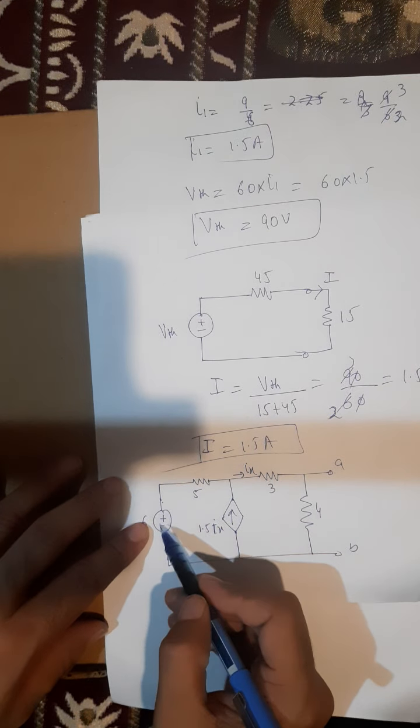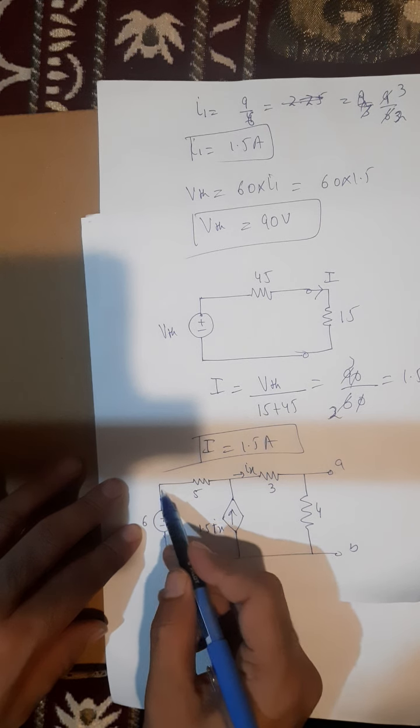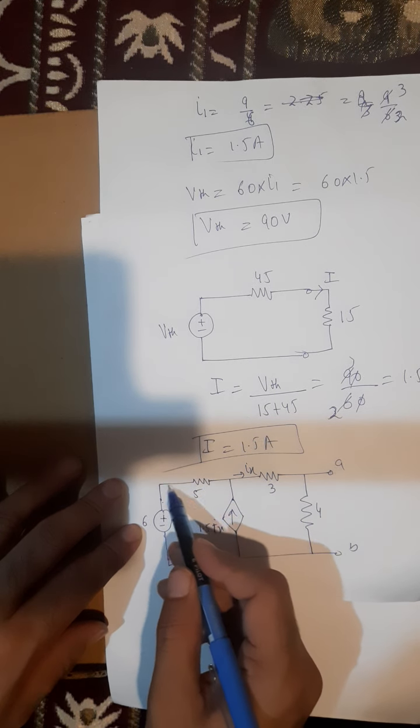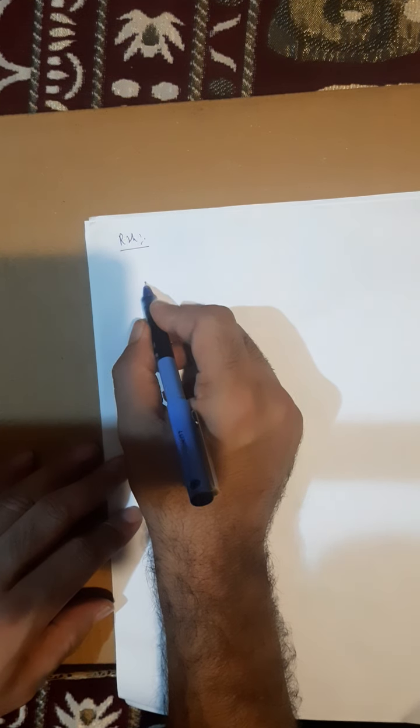If I turn off this independent voltage source, what will happen? It will be represented by a short circuit. So there will be only one element here, this 5 ohm resistor. After turning off all the independent sources, the circuit looks like this.